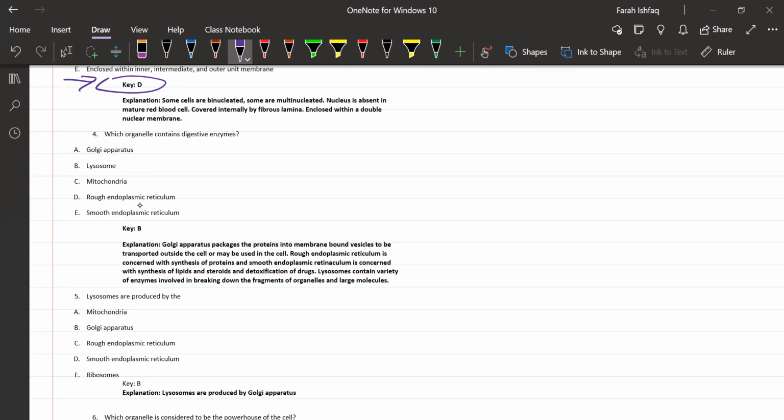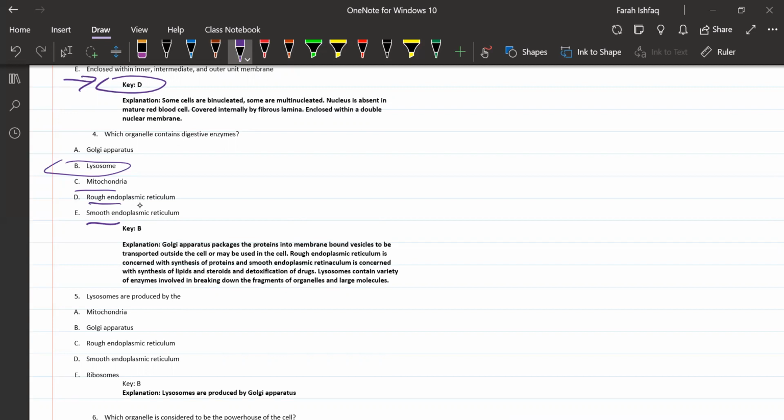Rough endoplasmic reticulum is concerned with synthesis of proteins, and smooth endoplasmic reticulum is concerned with synthesis of lipids and steroids and detoxification of drugs, while mitochondria produce ATP. So lysosome is the correct answer. B is the correct answer.